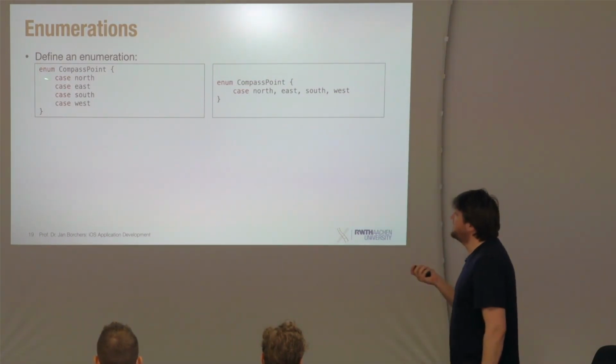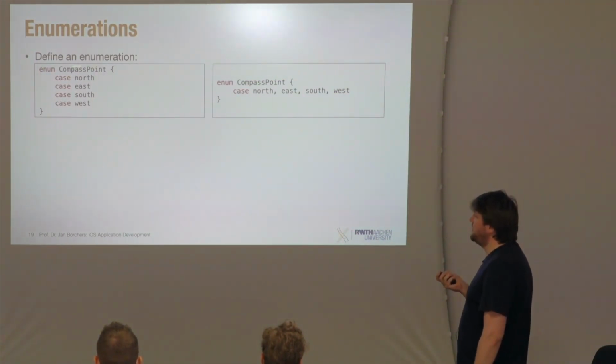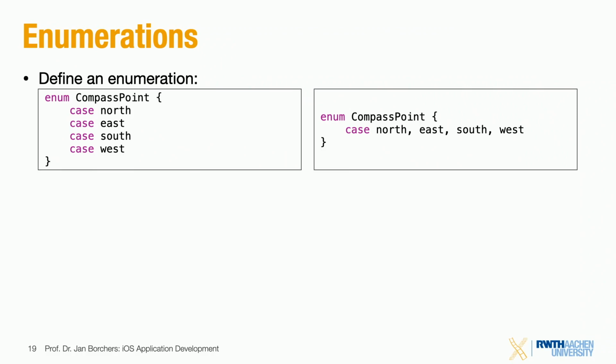So, for example, for an enumeration compass point, I'm defining the cases that a compass point can have. So north, east, south, and west. If I want to have more values, kind of northeast, northwest. But yeah, in this case, we only specify the 4 main compass directions.